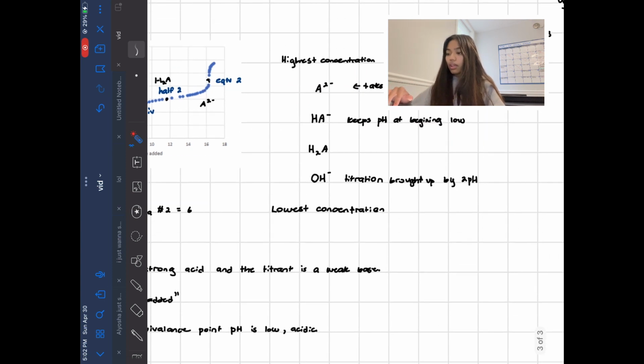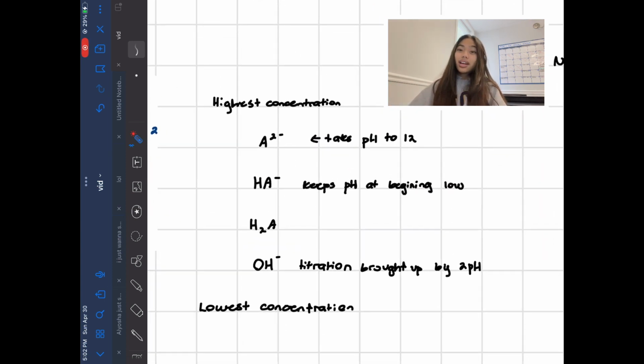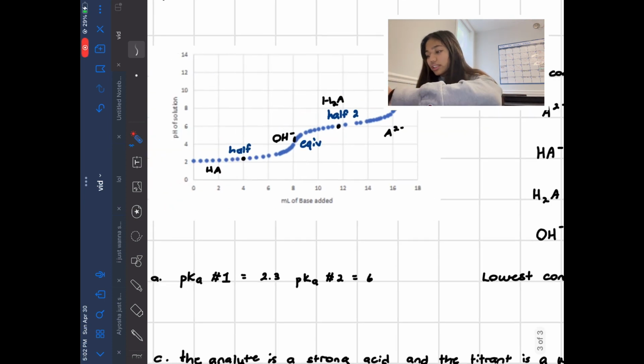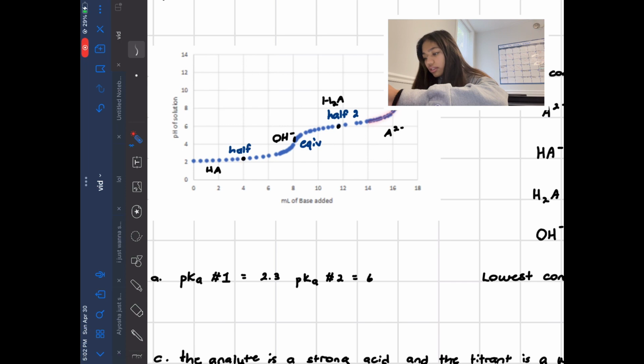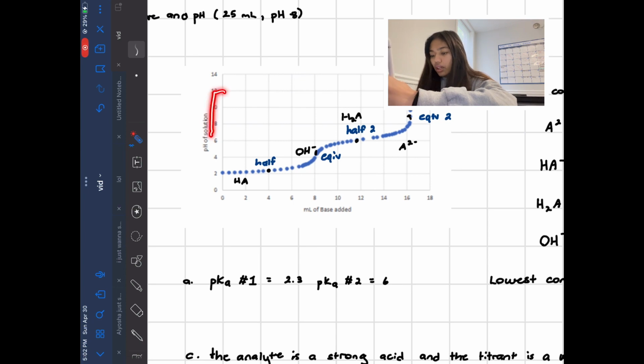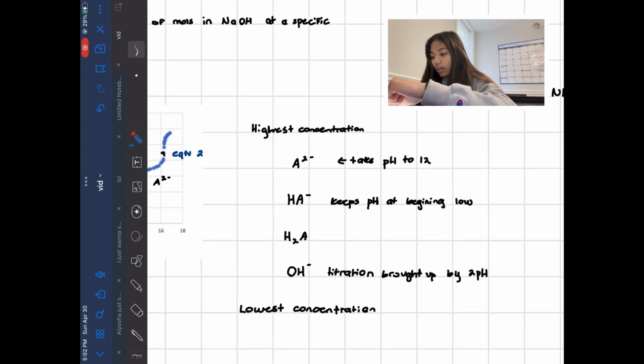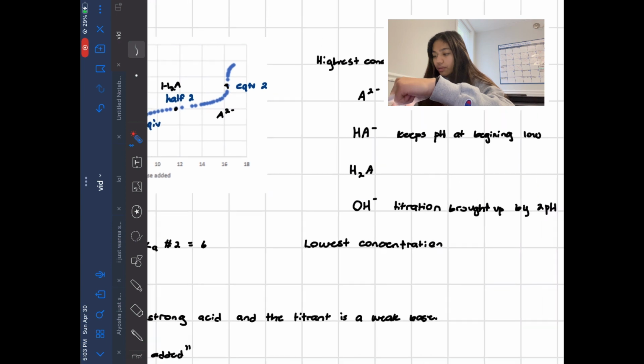And then our last task here is distinguishing which one has the highest concentration and the lowest concentration. I said A2- is the highest concentration because we can see in this graph it is a very large curve for our pH.